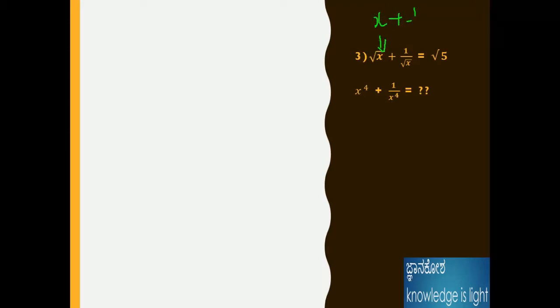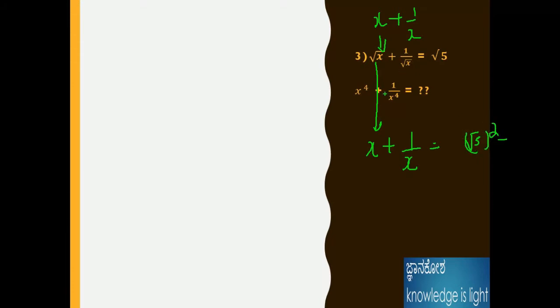Okay, third problem. Once you see the question, definitely it would be very confusing. This is the format of x, and this is the format of 1 by x. If I square both sides, what should appear? Root 5 square minus 2.